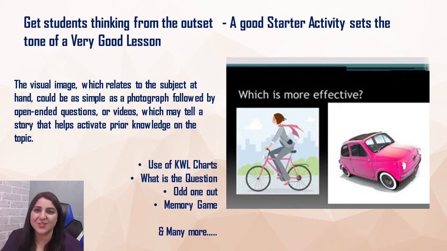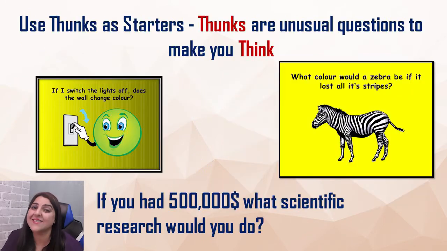One such strategy which I'll talk about today is thunks. Now, what are thunks? Thunks are unusual questions to make you think. Just have a look at the screen. What color would a zebra be if it loses all its stripes? Thinking. If I switch the lights off, does the wall change its color?